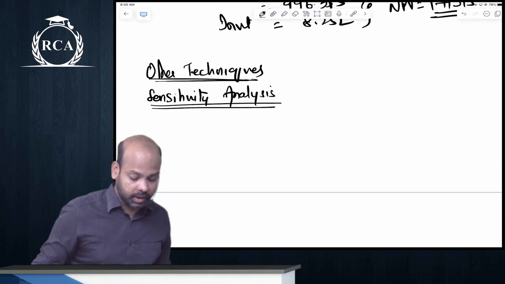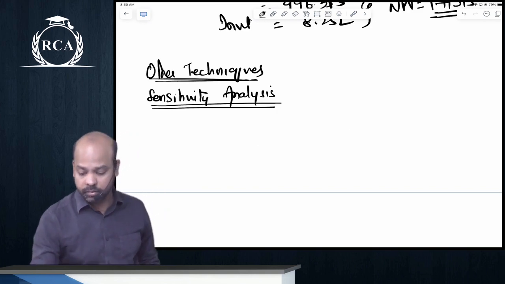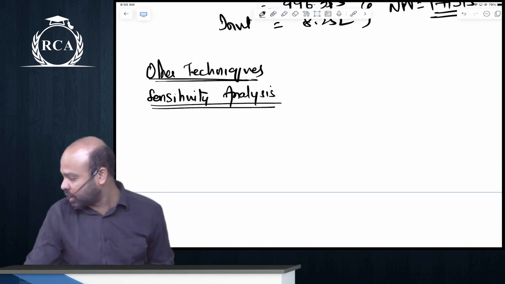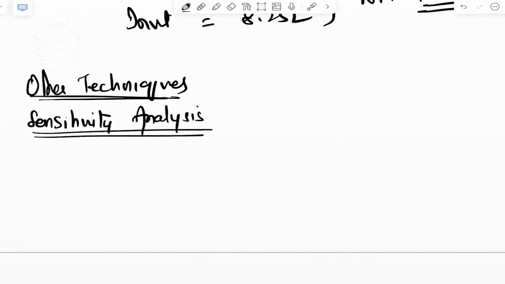Sensitivity analysis, write down. Every capital budgeting decision is based on an estimate of uncertain variables.